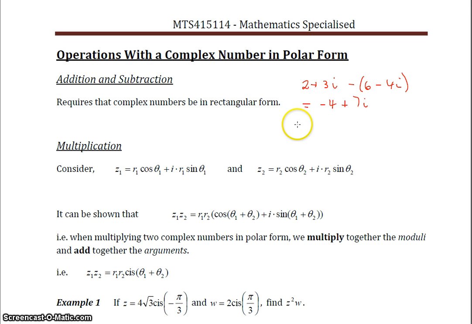But multiplication, it's actually quite useful for it to be in polar form, and we'll show you why that's the case.